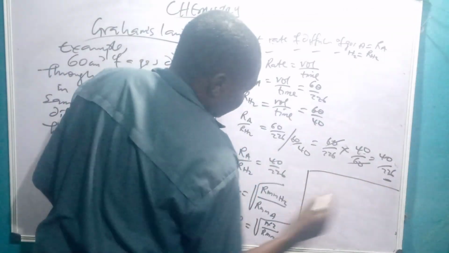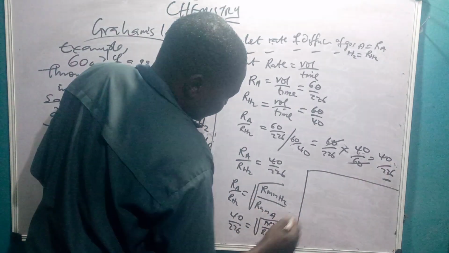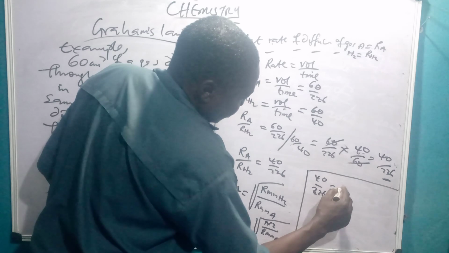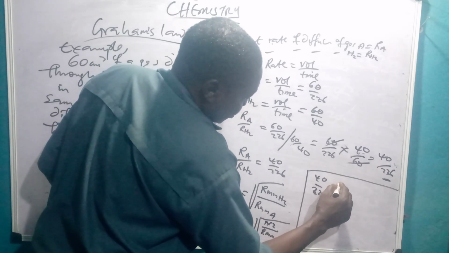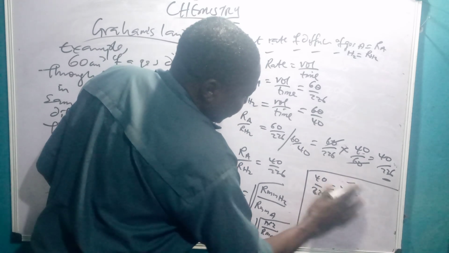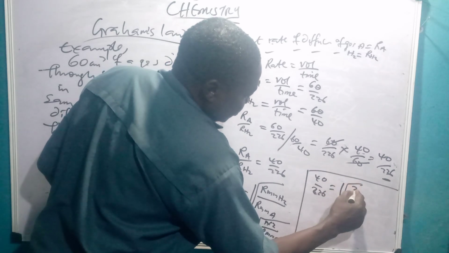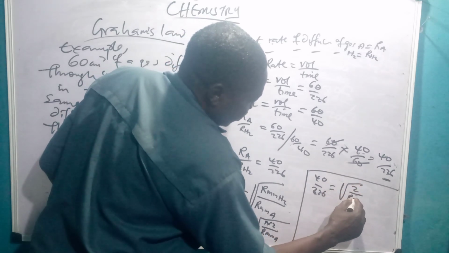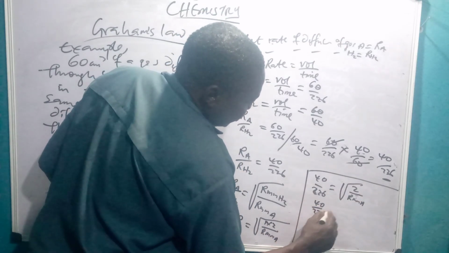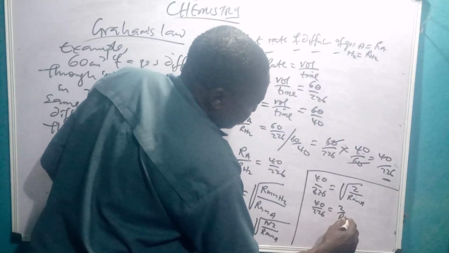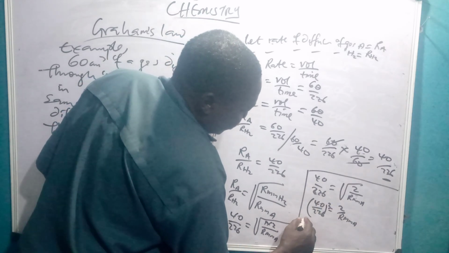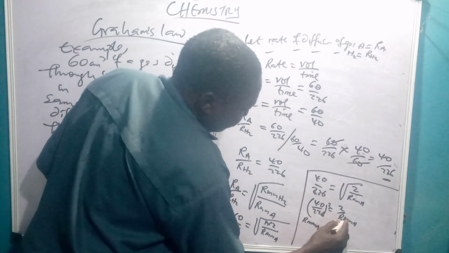Okay, so we have 40 over 226 equals square root of 2 over relative molecular mass of A. Square both sides, it becomes 40 over 226 equals 2 over relative molecular mass of A. Cross multiply.